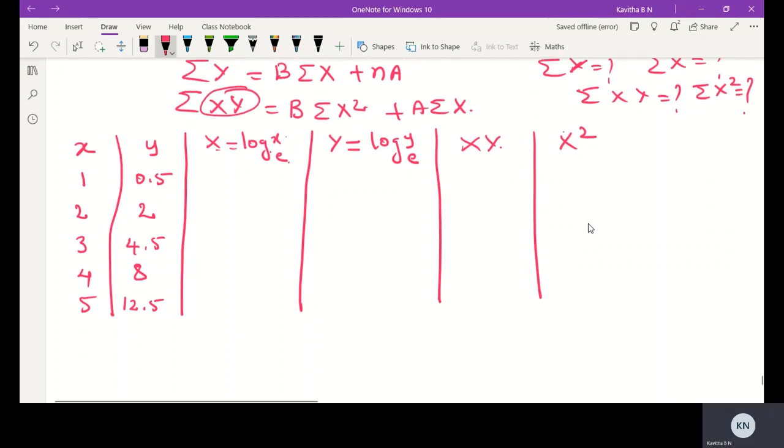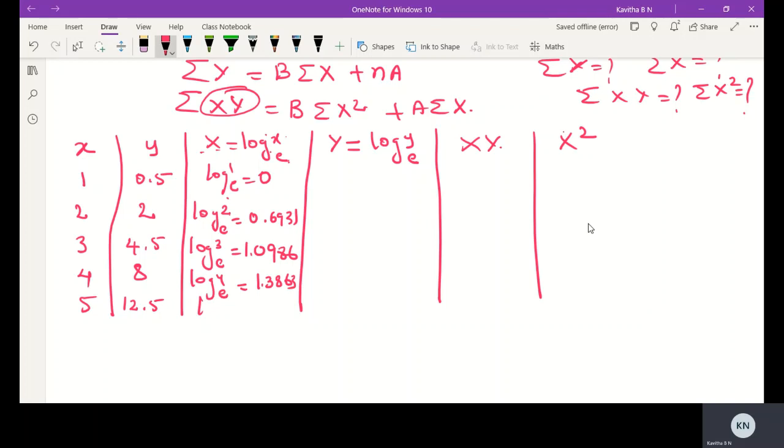Then find out log x base e. Log 1 base e, we are writing 0. Log 2 base e is 0.6931. Log 3 base e, we are writing 1.0986. Log 4 base e, we are writing 1.3863.